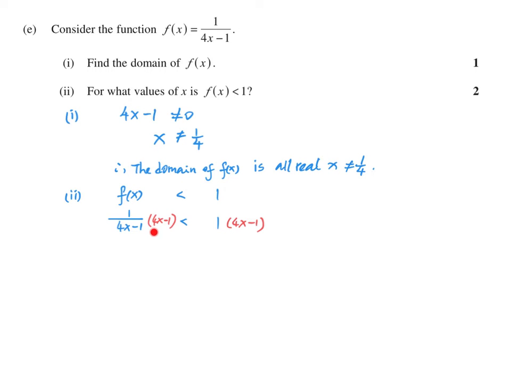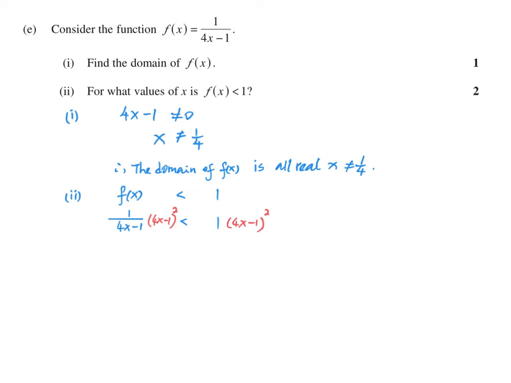So we have to make sure that whatever we multiply on both sides of an inequality is a positive value. How do we make sure that 4x minus 1 is positive? The trick is, instead of multiplying by 4x minus 1, we multiply by (4x minus 1) squared.